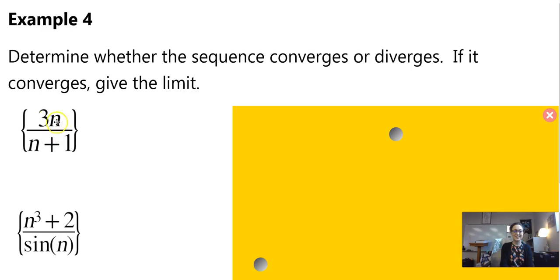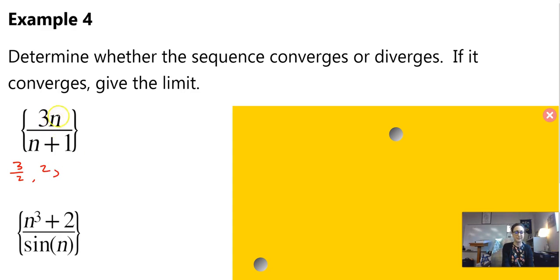All right, so here, what does this mean? Well, this is a sequence, is what the squiggly brackets mean. So my first term, if I plug in a 1, will be 3 over 2. If I plug in a 2, it will be 6 over 3, which is 2.